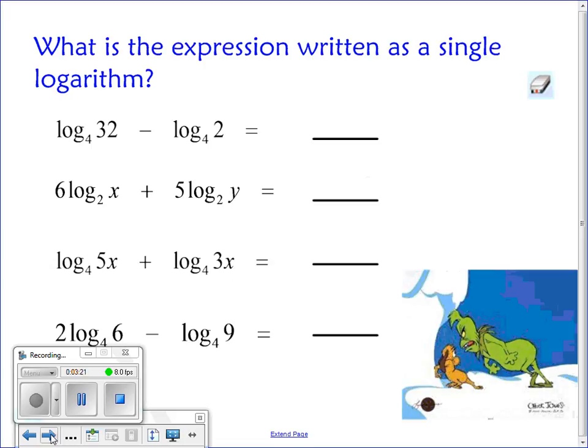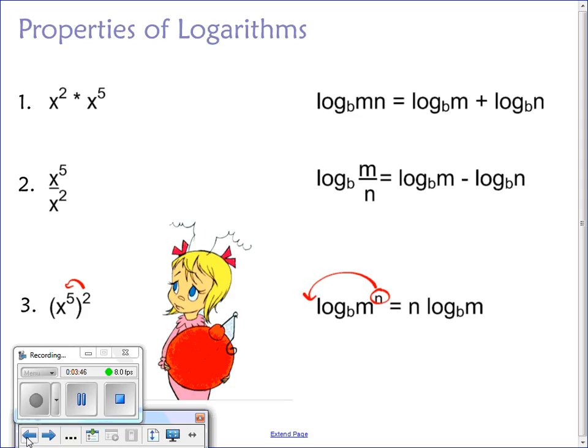All right, so what is the expression written as a single logarithm? The first thing you need to realize is your bases have to be the same in order to put them together. Otherwise, they're not the same thing. So we would get log base 4 of... A subtraction comes from division.